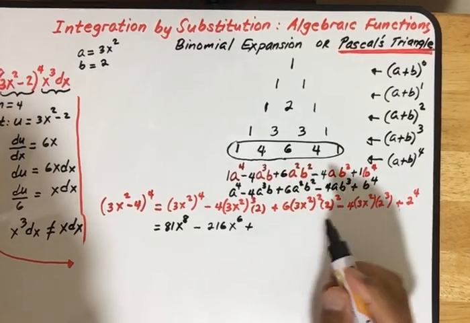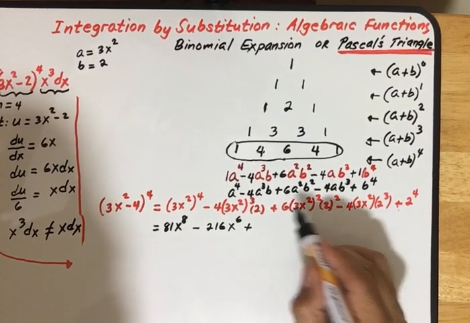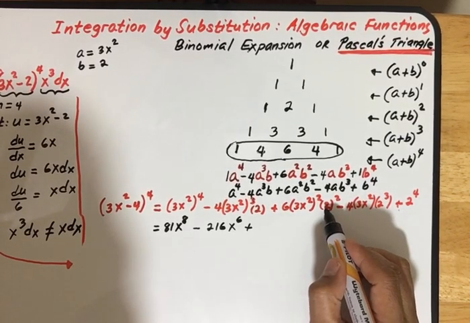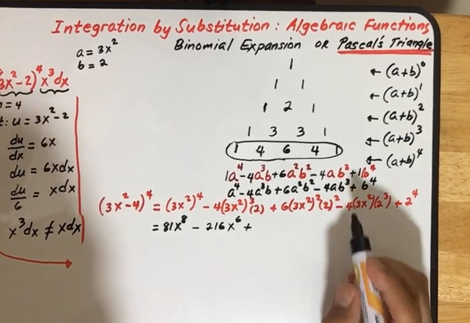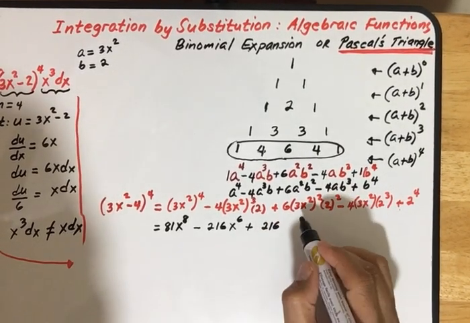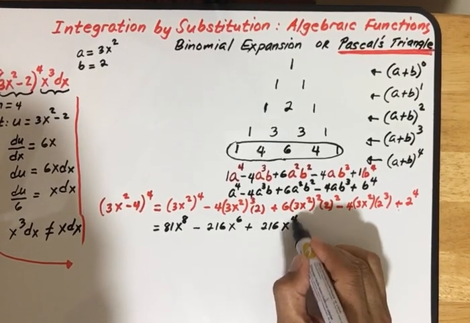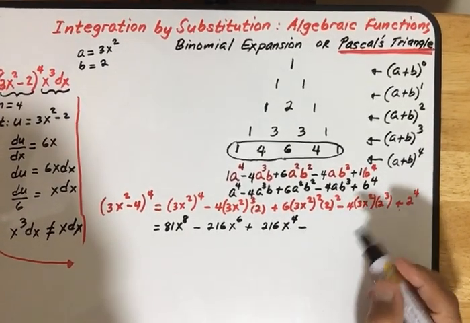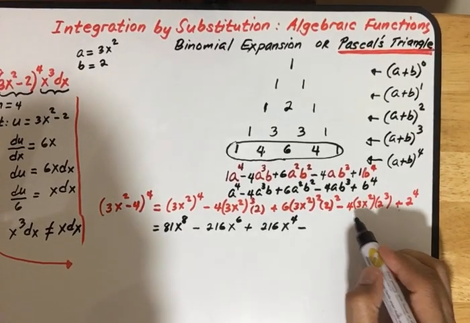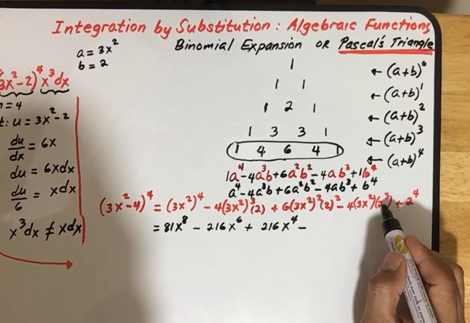Then plus this one, you have 3 squared. 3 squared is 9 times 6, 54 times 4, because 2 squared is 4. So we have also 216 times x to the power 2 times 2, that is equal to 4. Then minus, so this one, you have 4 times 2 to the power 3.